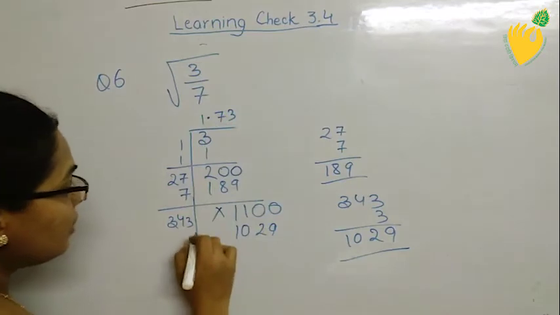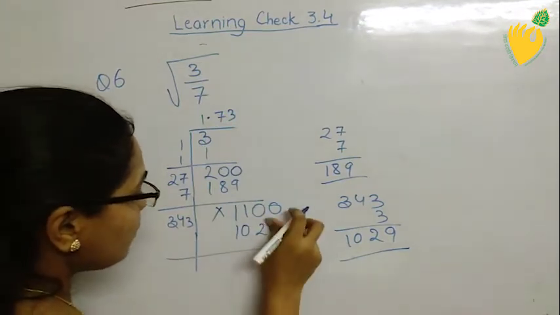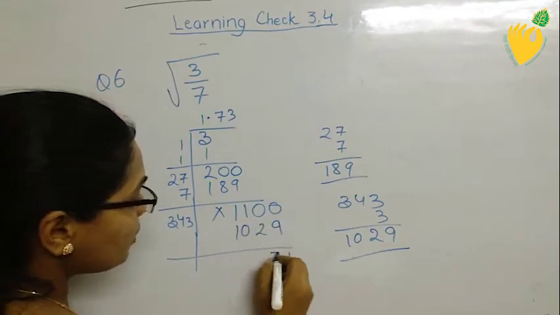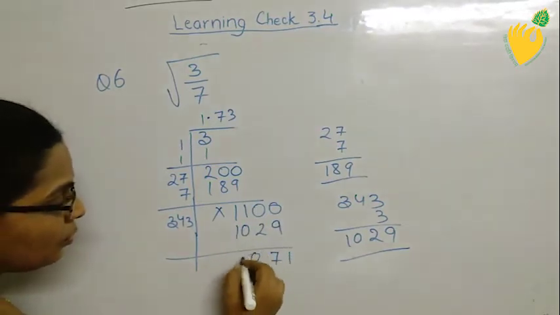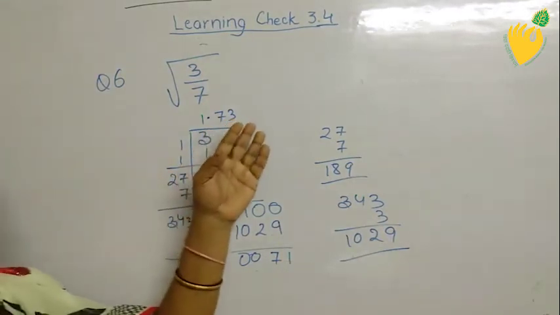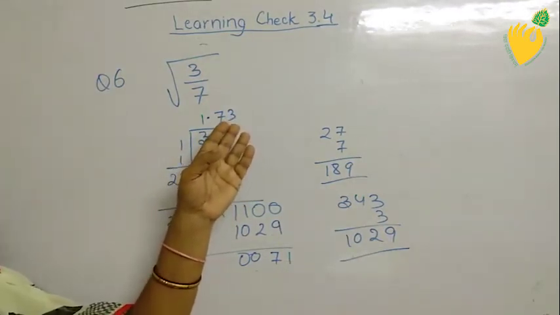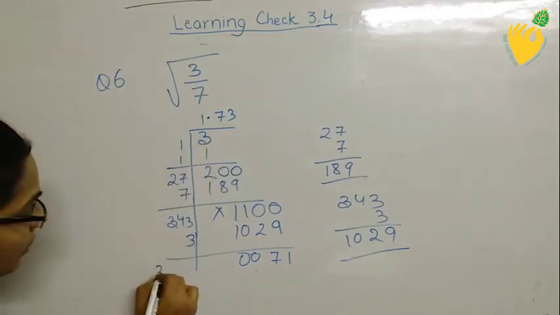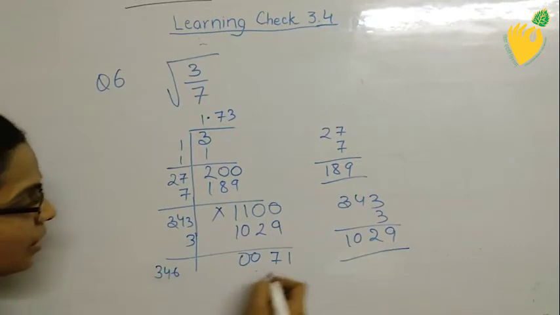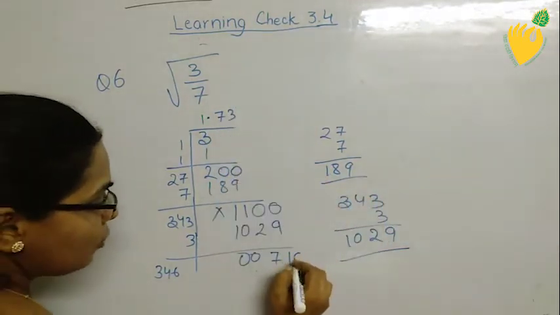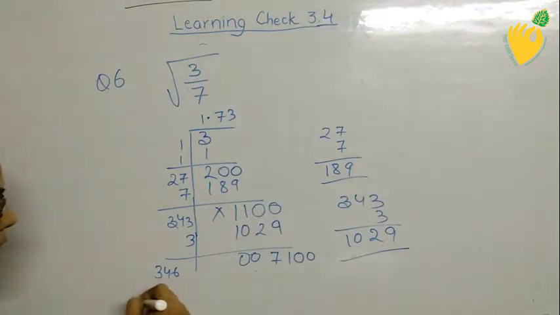So you can write 3 here. So what is left? 10 minus 9 is 1, 9 minus 2 is 7, 0 and 0. What is left here, students? 7. You can divide it one more time. So you will again add 3, 3, 4, 6. Let's see how many times it will go. And again you can add 00.